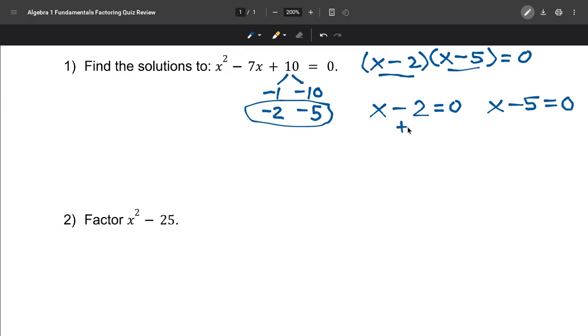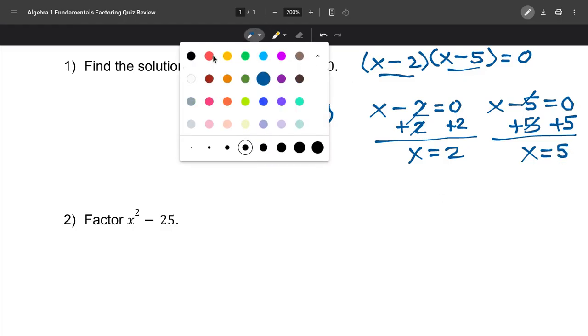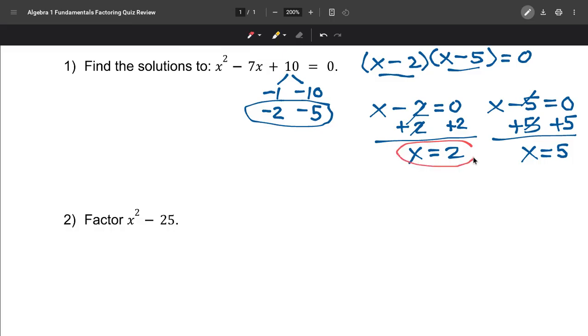Here I'll add 2 to both sides. 2 minus 2 is 0, so I get x equals 2. Here I'll add 5 to both sides. 5 minus 5 is 0, so x equals 5. So my two solutions here are x equals 2 and x equals 5.